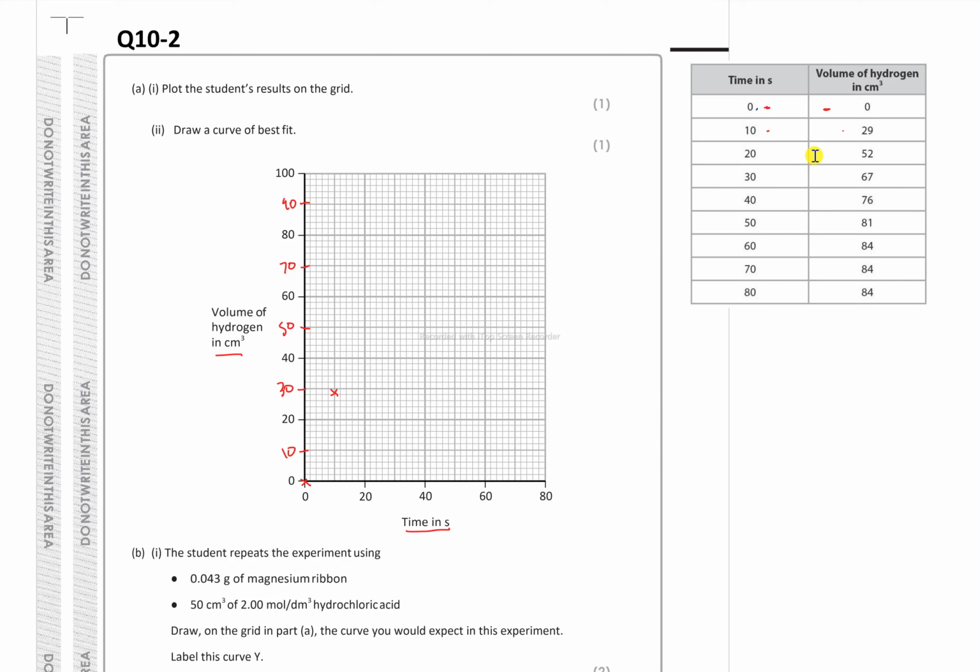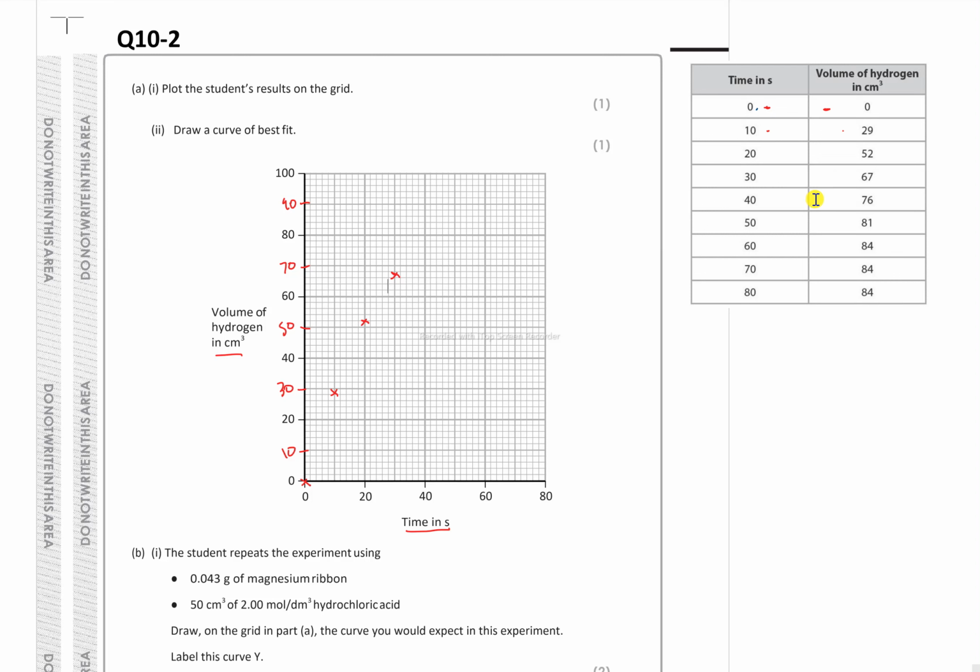Let's bring that down. So at 20 is 52. And at 30, it's 67. So you can go ahead and plot this while I'm doing this. Right, okay, that's near enough.